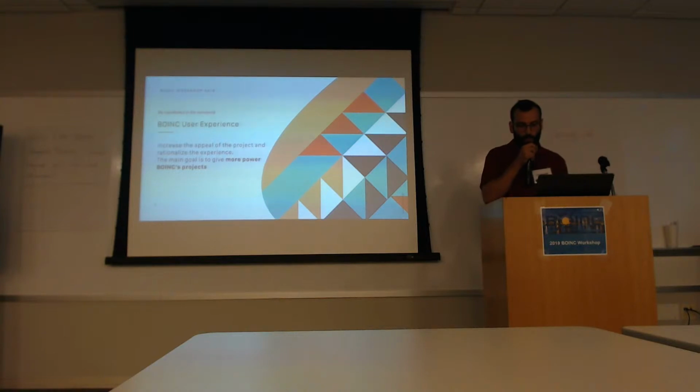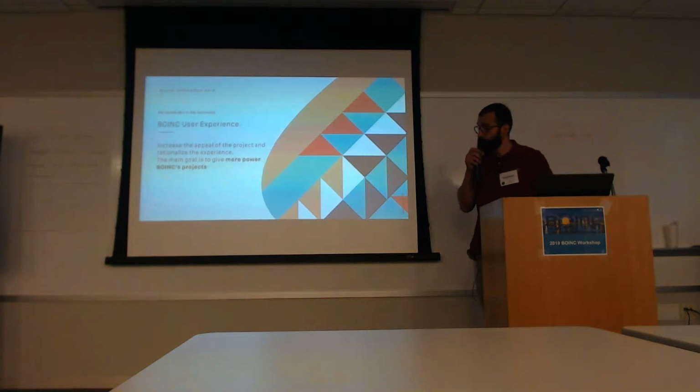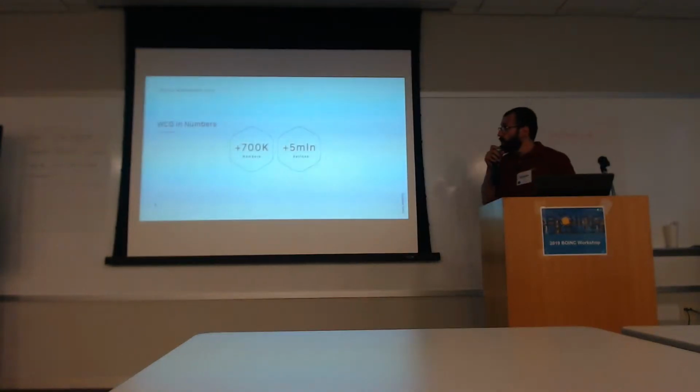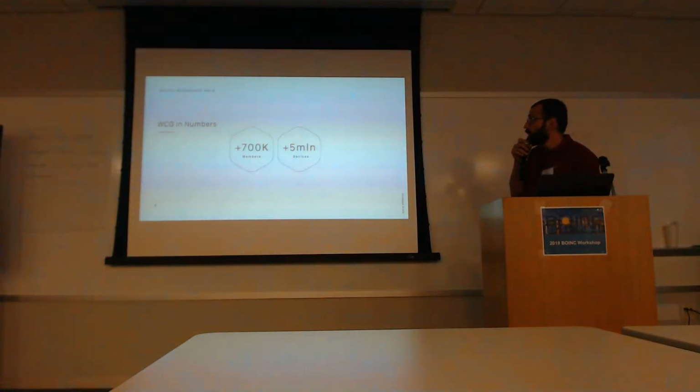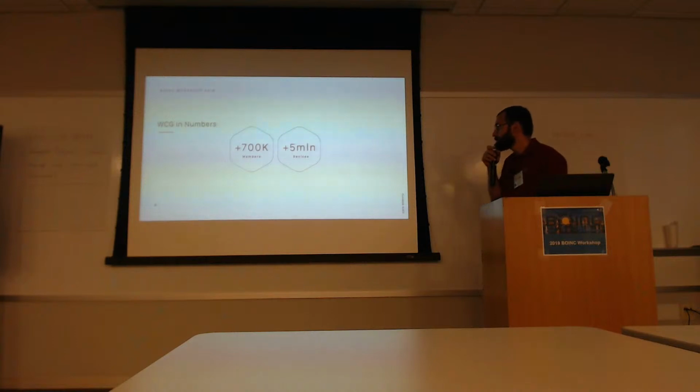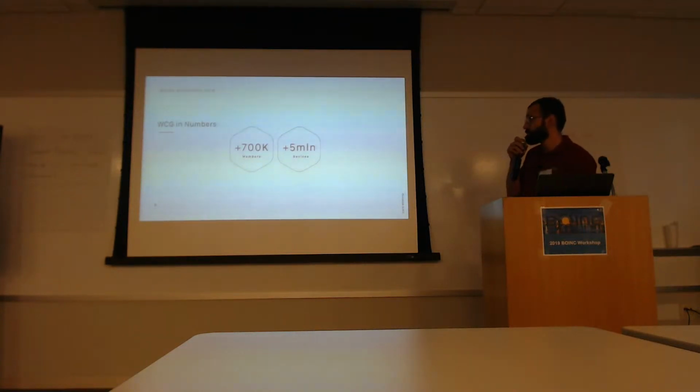And to do so, we can start with some maths. World Community Grid, for example, has 700,000 members and 5 million devices.